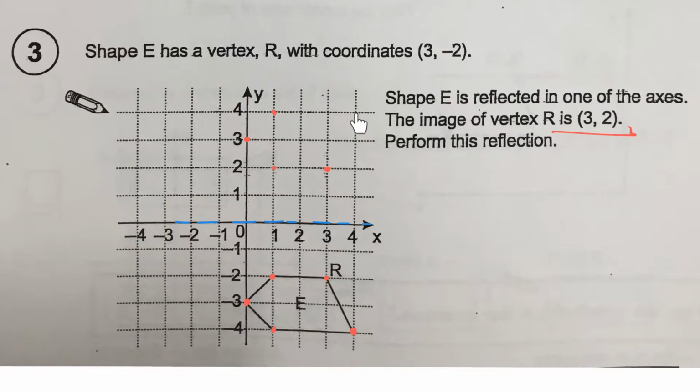It will be over here. And then we just need to join the vertices. You must use a ruler. Unfortunately, I don't have a ruler here, so I'm just joining it freehand, so I do apologize. It's not going to be accurate. And we're done.